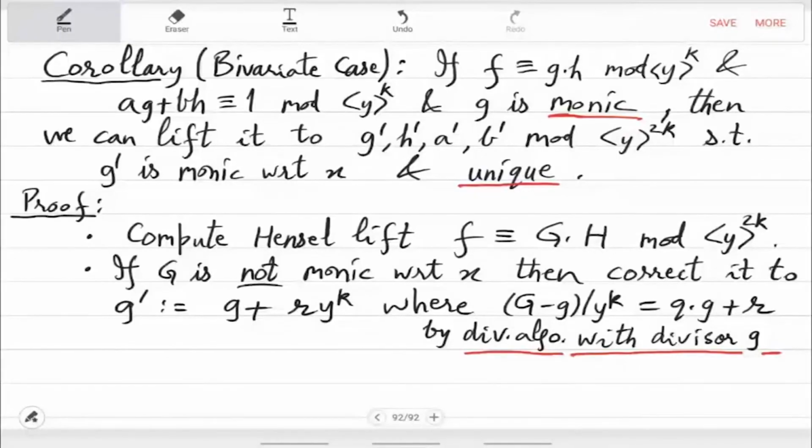The only problem is that small g may not be monic: its leading monomial in x may have some polynomial in y sitting on it, and then you cannot run the division algorithm. But here that problem is not there because small g is monic. Small g is something like x square plus y, and you can run the division algorithm with respect to x. You do that, it is a fast algorithm, and you will get Q and R. That is the output you get from the division algorithm.